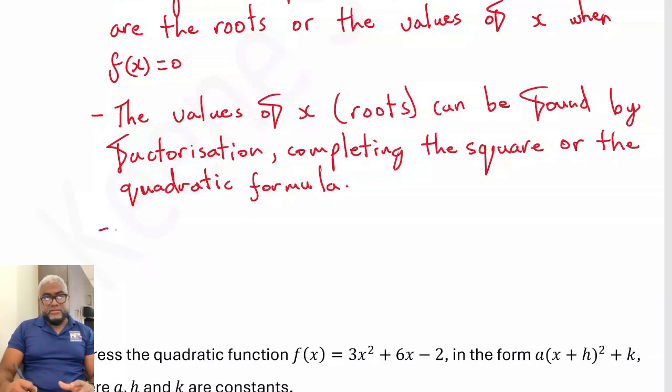Factorizing a quadratic is something we would have done when we did algebra, but I'll still probably have to walk you through it when we encounter a question. So we'll just look at completing the square.